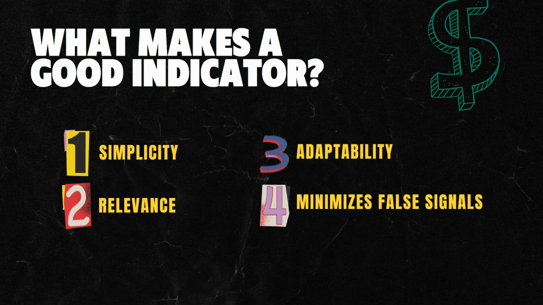Those are some of those things: it has to be relevant, it has to be adaptable. But it's also very important, and it's why people sometimes get into the practice of having multiple indicators, to minimize false signals, right?